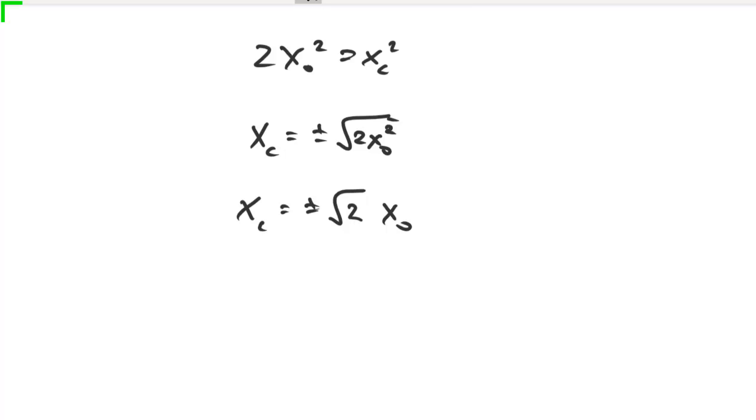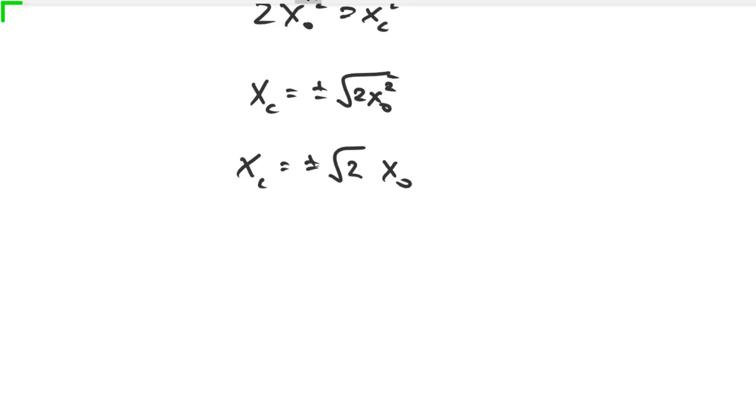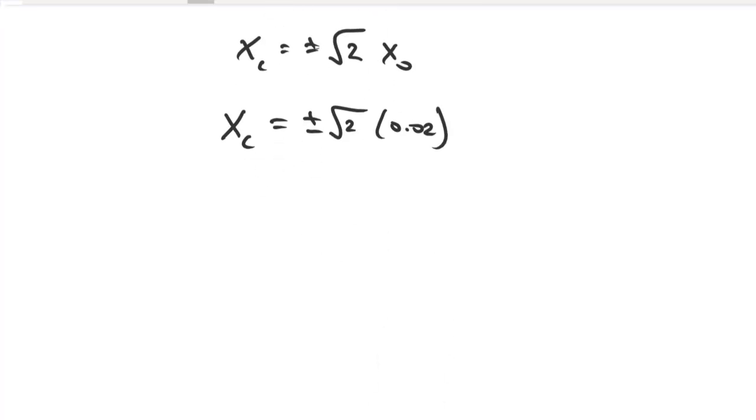And so since the original stretching was 2 centimeters, this stretching for xc is plus or minus, because we could stretch or compress, square root of 2 times 0.02 meters.